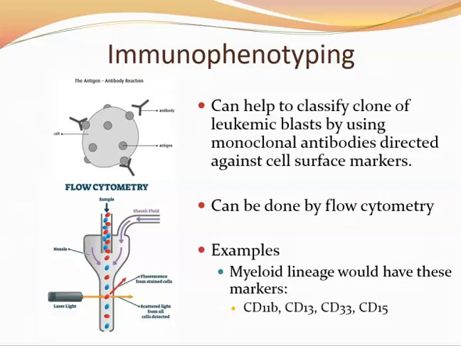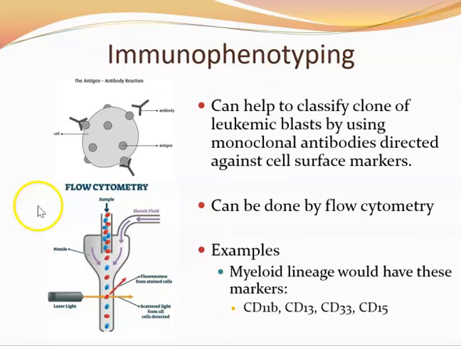If we think back to what we know about antigens and antibodies, we know our antigens are stuck to our cells, and our antibodies are like a lock and key system to our antigens. So we can use our monoclonal antibodies to help determine what antigens we have. We also can use fluorescent markers to help ID the type of cell that we have.